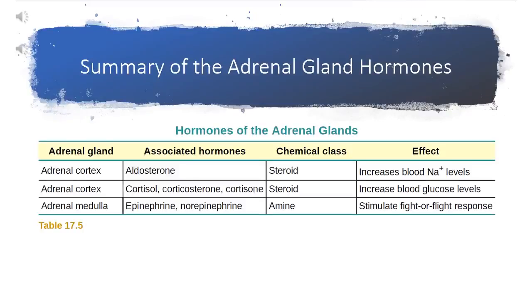It also acts as an anti-inflammatory and immunosuppressant. And then the adrenal medulla is going to produce epinephrine and norepinephrine, which are not steroid hormones. They are amine hormones, which are going to stimulate the fight or flight response. Remember, epinephrine is adrenaline.